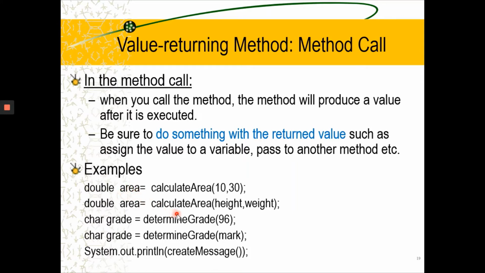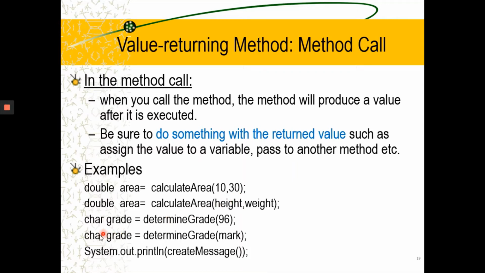Whatever value is returned by the method will be accepted in this variable, double area. Similarly, we have the next one. You have the method call, and you send the height and weight. Since it is a value returning method, you need another variable to grab the value that is returned by the method. So if you see here, on your left hand side is one variable equal to the method name, and you send the values for the actual parameters.